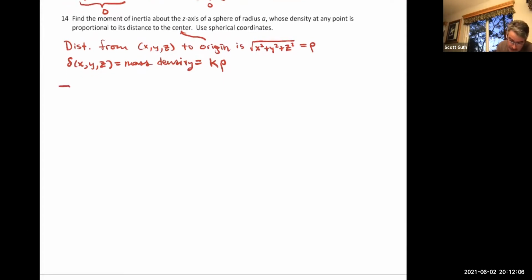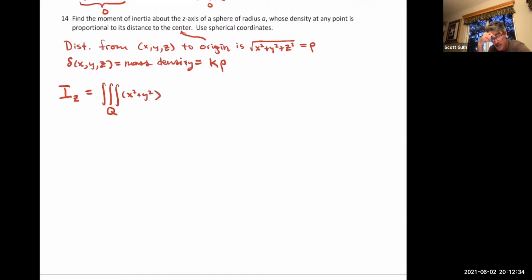I_z is the moment of inertia about the z-axis. The formula is a triple integral, if it's a three-dimensional solid, through the solid Q of x squared plus y squared, which is the distance squared to the z-axis.